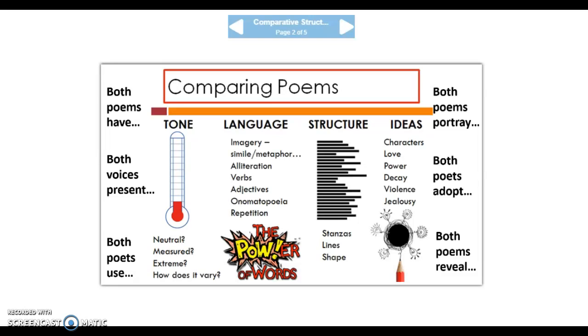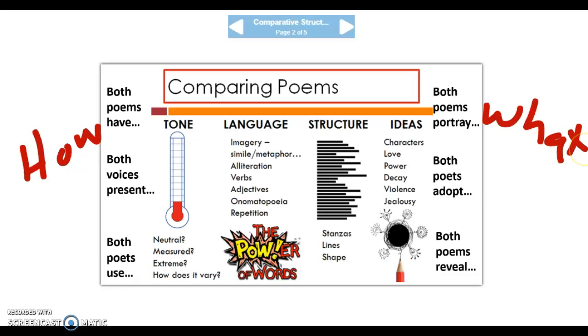First, I just wanted to use this graphic to really emphasize that you need to make sure you explore the how and the what that is happening in both poems. The how would include focusing on how both poems have a specific tone, they use a certain language, they present their ideas through this type of structure.